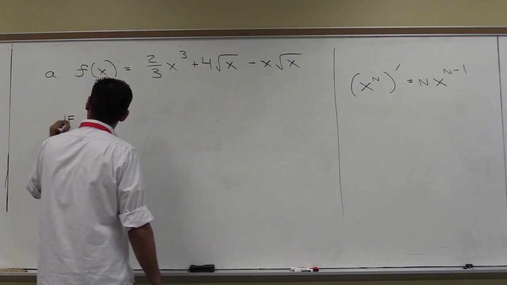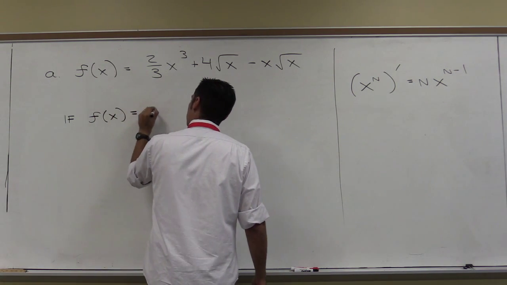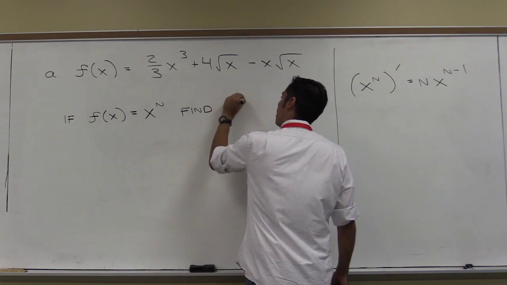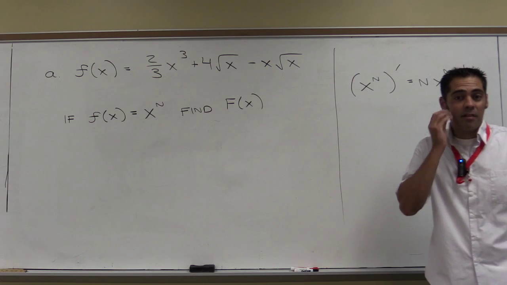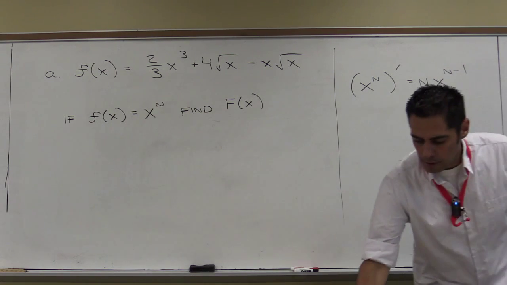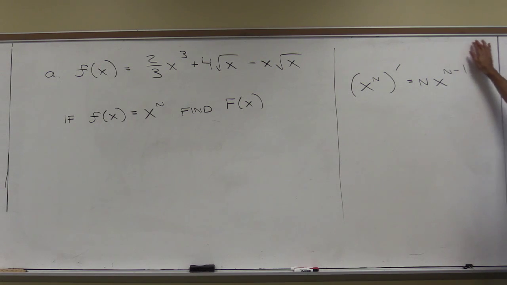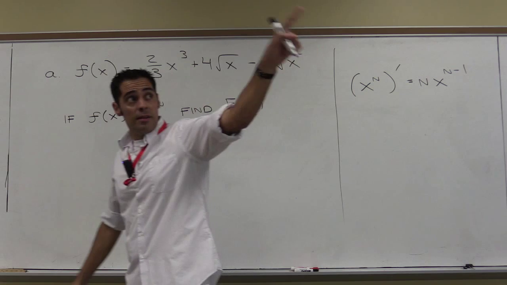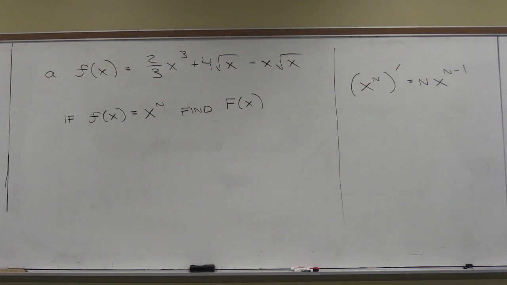If little f of x is equal to x to the n, I want us to find capital F of x. And this is going to turn out to be the formula that we're going to put up on that sheet. It's on that table. I'll go back to it and make sure everyone is aware of it.